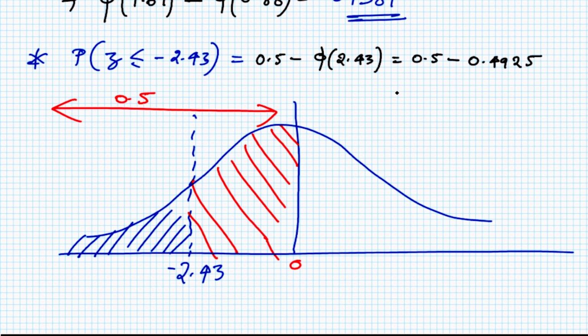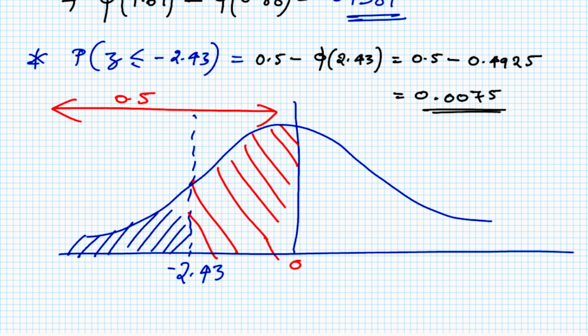Okay, so that is the value. So you have 0.0075 as the required answer. Okay, so please understand this and try to correct your answer. Those who did not get to this point, please correct yourself. All right, so let me know if you have any doubt.